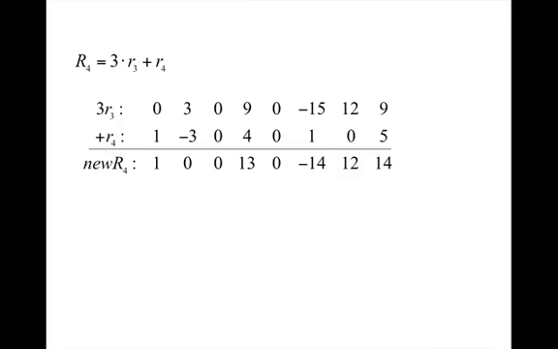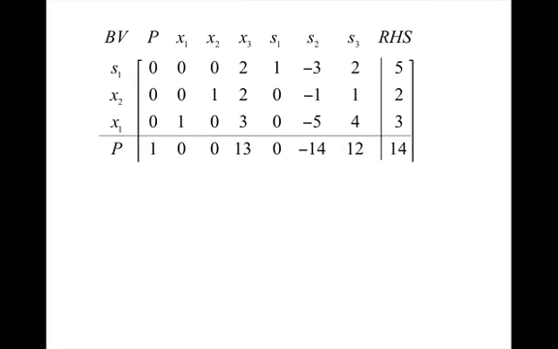So after you've checked your 3 new rows, add those to your matrix, and you're going to keep row 3 the same. So row 1 was 0, 0, 0, 2, 1, -3, 2, 5.